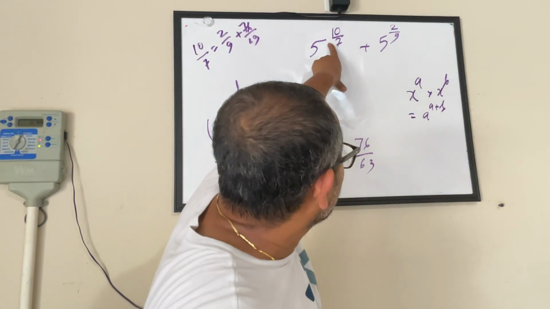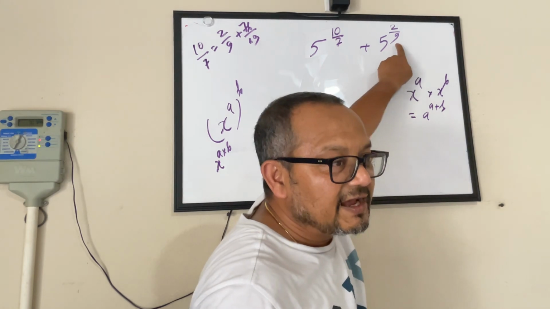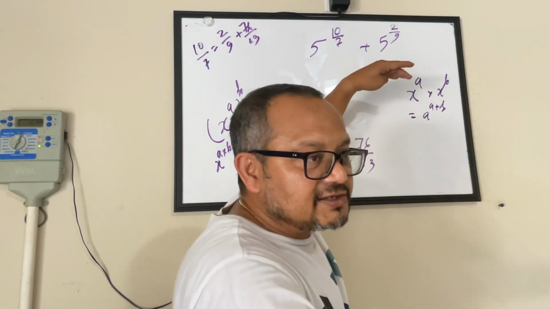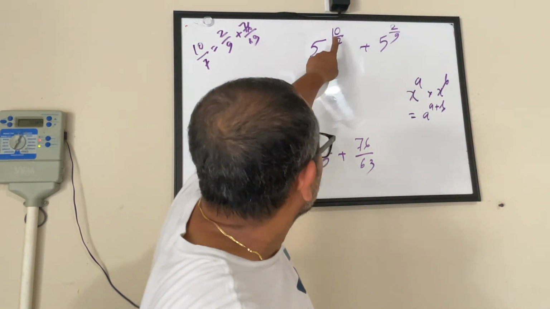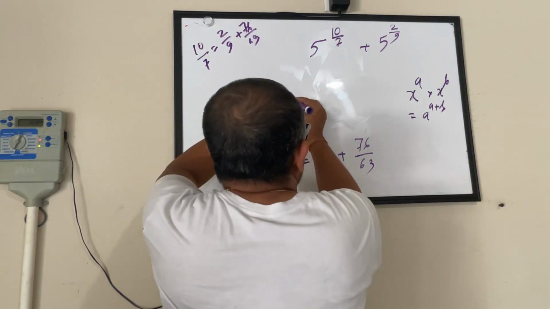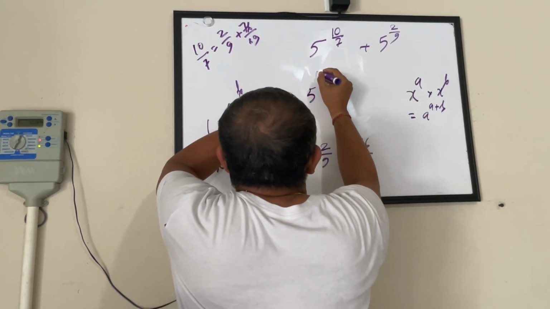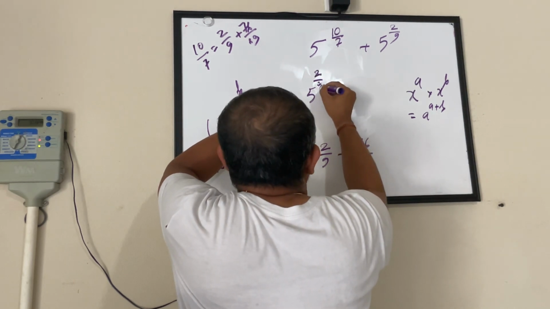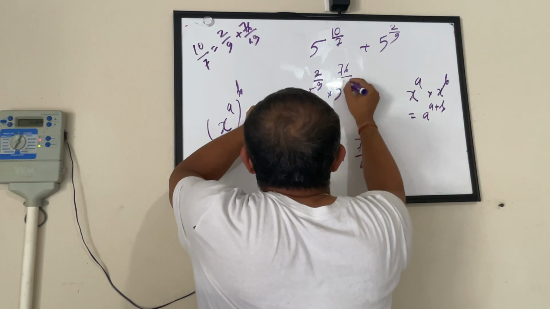So I am trying to break this into a and b. We found 10 by 7 equals 2 by 9 plus 76 by 63. So 5 to the power 10 by 7 means 5 to the power 2 by 9 into 5 to the power 76 by 63.